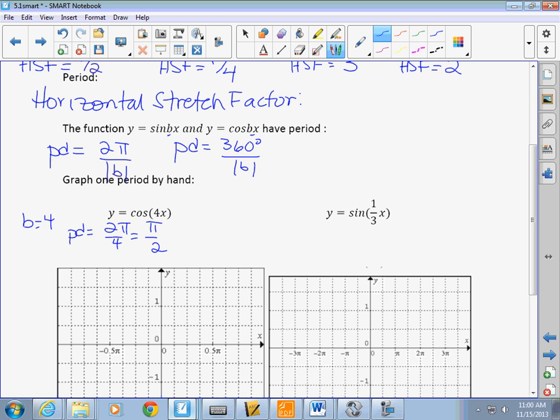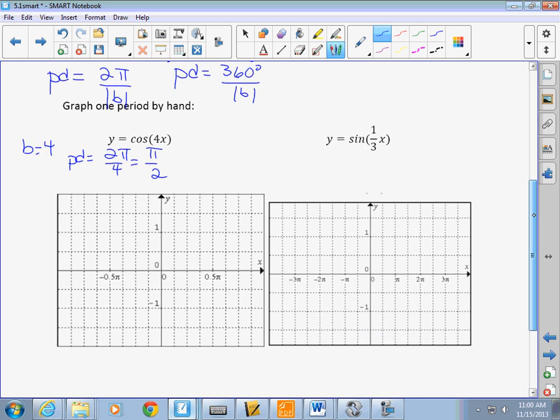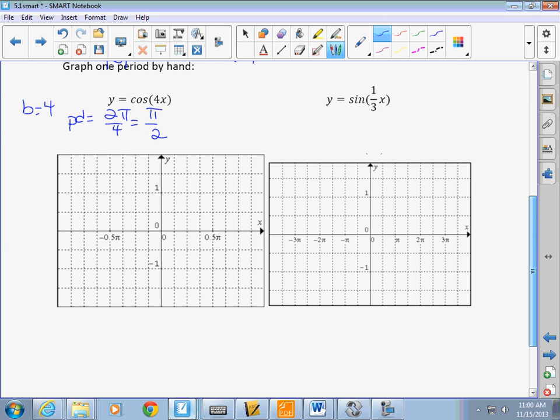So every pi over 2 your graph is going to be repeating. The middle of that would have to be half of pi over 2, or pi over 4. Halfway in between here, that would be pi over 4. You could write it another way, but that's kind of cumbersome. It'd be better just to write it as pi over 4.